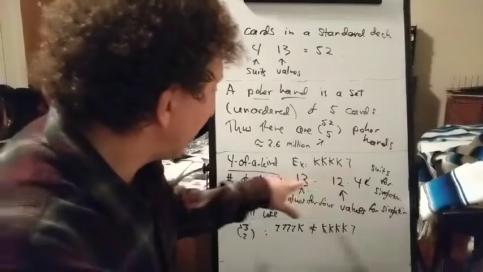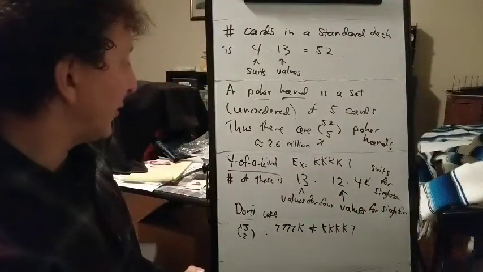Alright, so this is how many: 13 times 12 times 4, 4 of a kind.